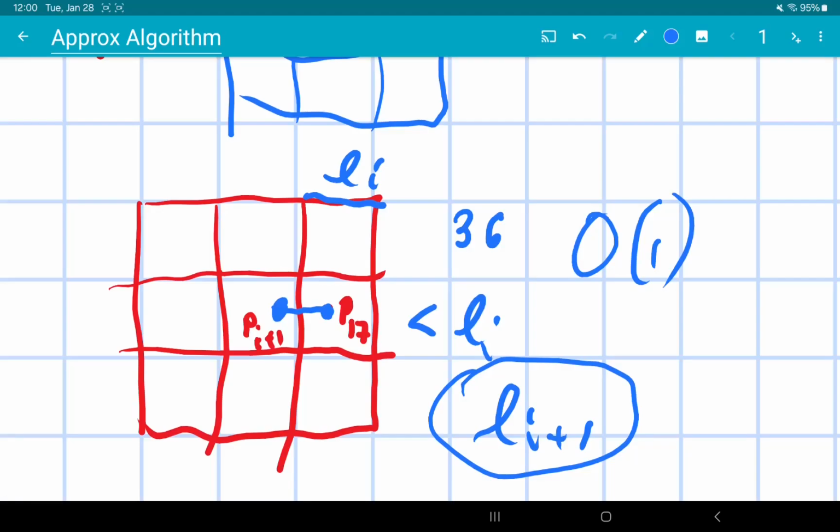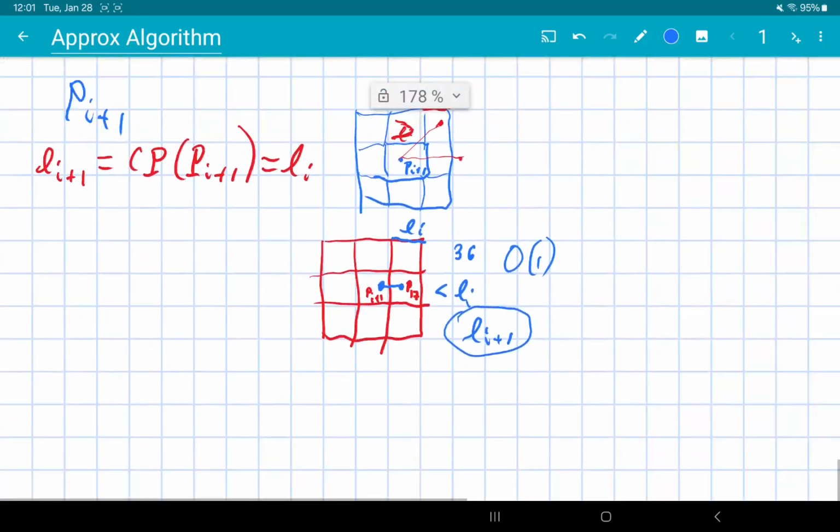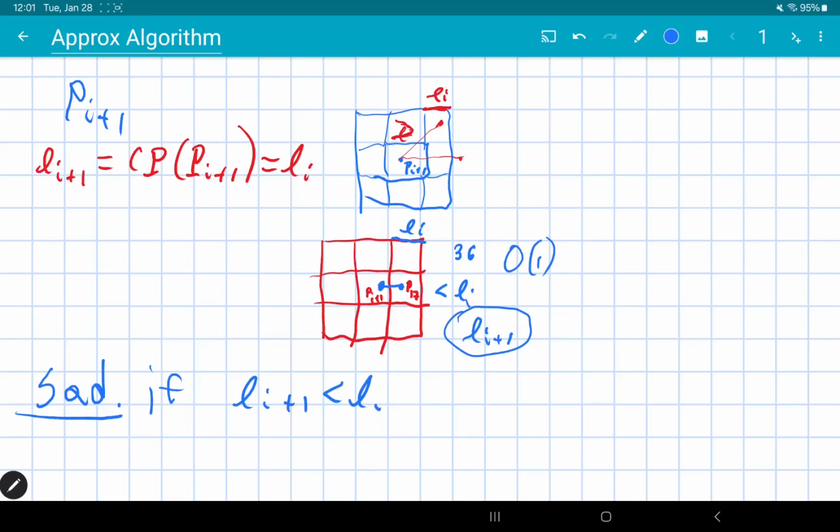It's the wrong size. That's bad, right? So if this happened, we are very sad. It's important to be sad when the occasion calls for it. And we are sad if Li plus 1 is smaller than Li.